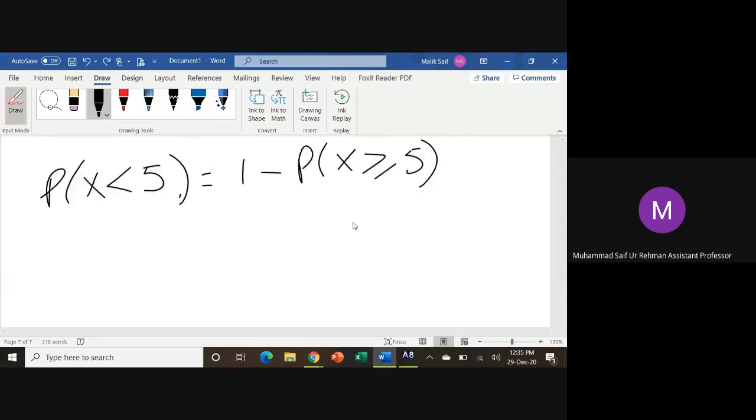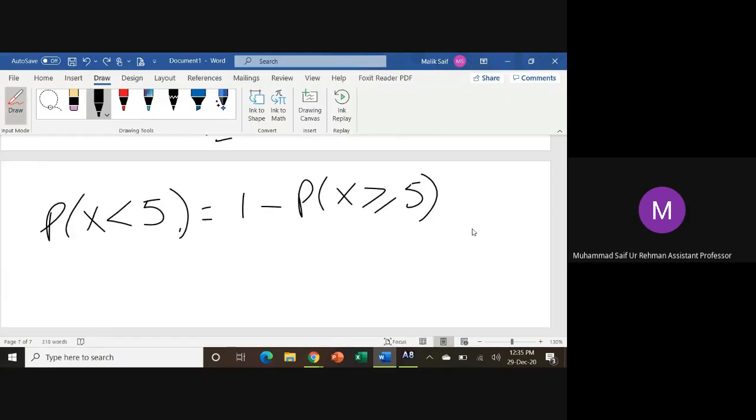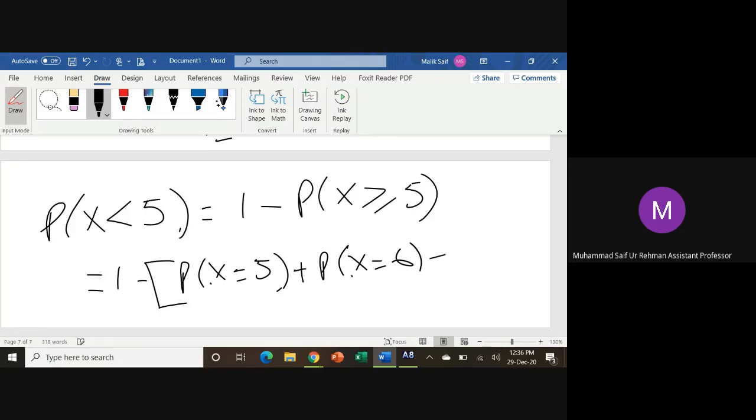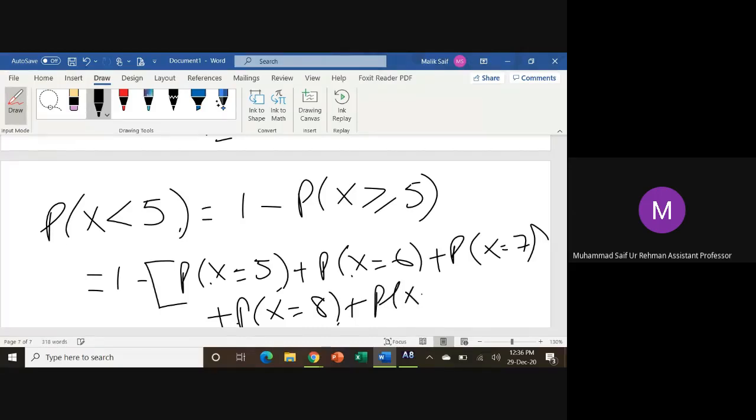So you can solve it in this way. This will equal 1 minus braces, and now you will start from probability of x is equal to 5 plus probability of x is equal to 6 plus probability of x is equal to 7 plus probability of x is equal to 8 plus probability of x is equal to 9.